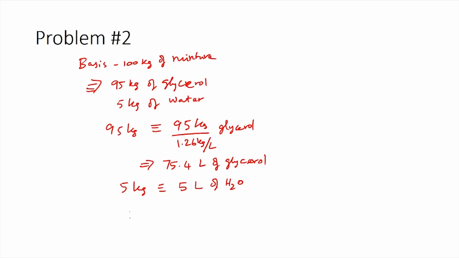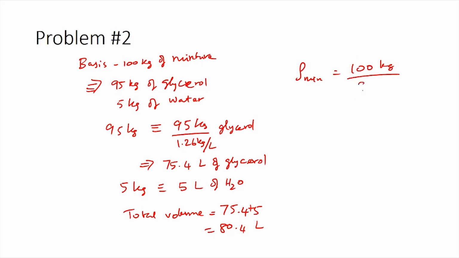So, with this we know that the total volume of the mixture would be equal to 75.4 plus 5, giving you 80.4 liters as the total volume of the 100 kilogram mixture. So, from here we can calculate the density of the mixture as mass of the mixture, which is 100 kilograms, divided by volume of the mixture, which is 80.4 liters, giving us the density as 1.24 kilograms per liter.